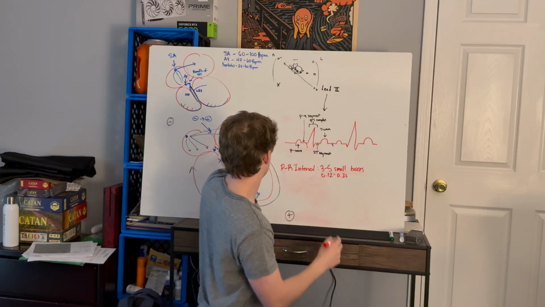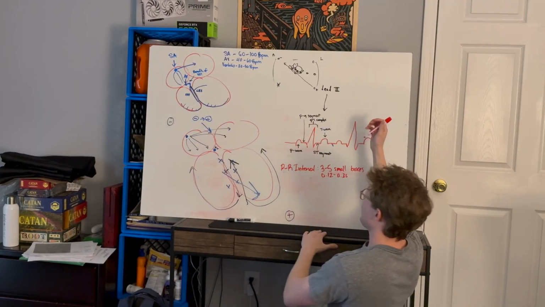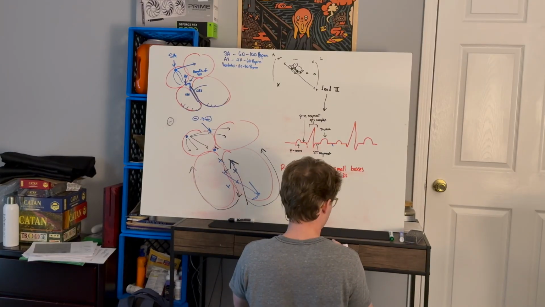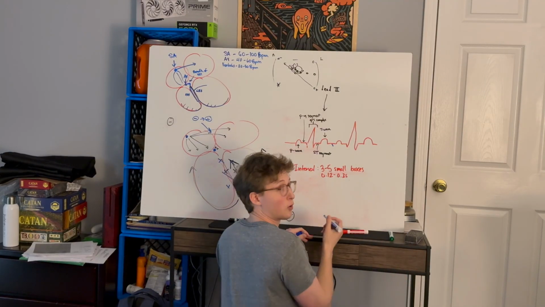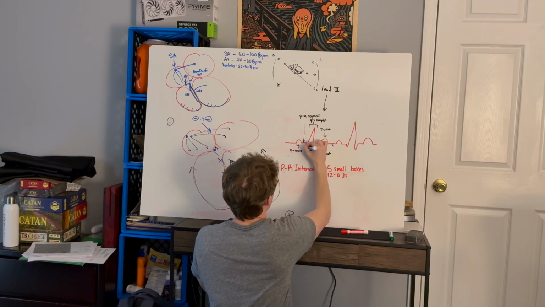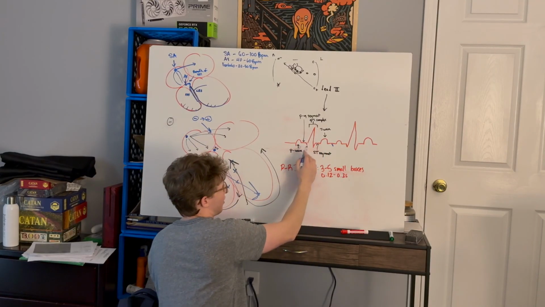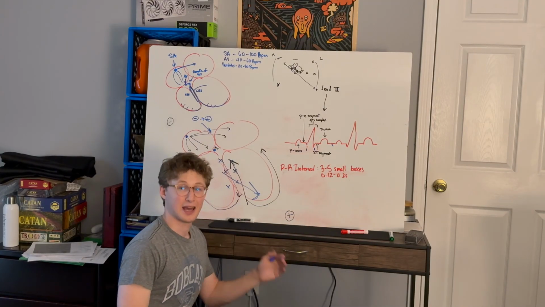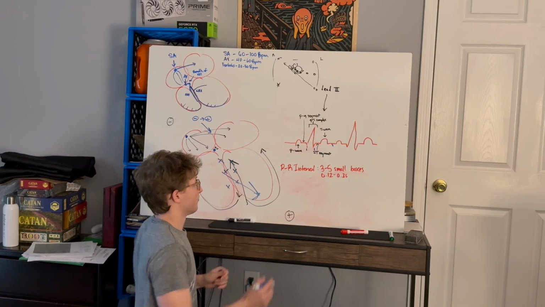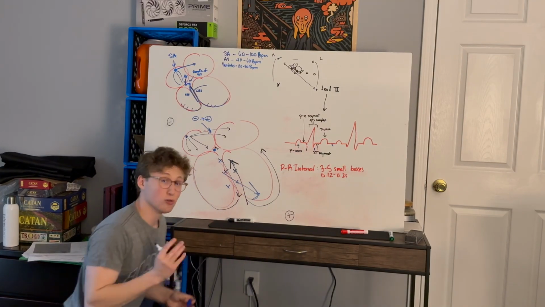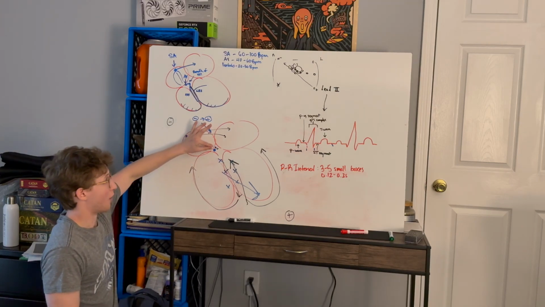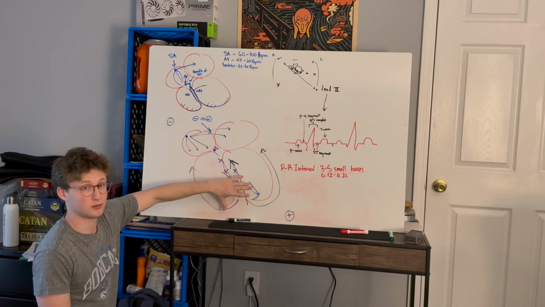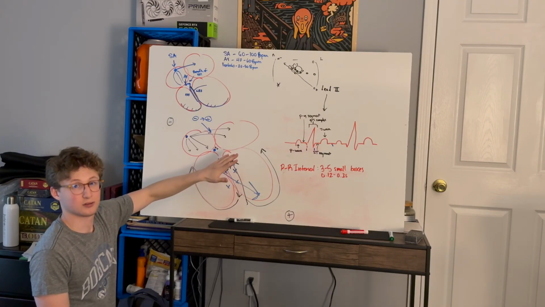What else? Next important one is QRS complex. QRS complex, the beginning of the QRS complex to the end of QRS complex and the beginning of the ST segment. So that is how long does it take for our signal to get through the ventricles, depolarize them all. That's all that's measuring.